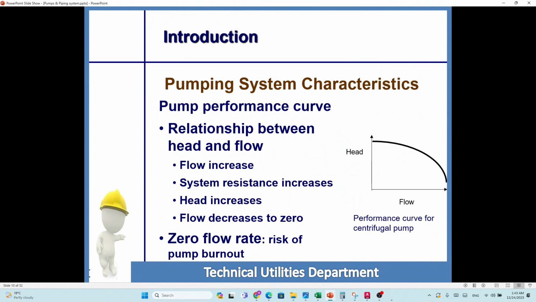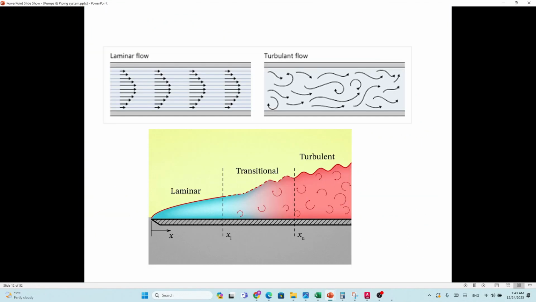Okay, after that, you have two phenomena, two behaviors of water inside the pipe. We have internal flows. The water is flowing in the positive x direction. The water layers which are near the skin of the pipe have friction.